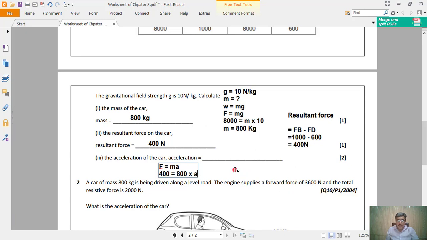So now a is equal to 400 divided by 800. I have taken this 800 towards the left hand side, and from here I can get 0.5 meter per second square. So this is your acceleration, which we have to calculate here in this part.